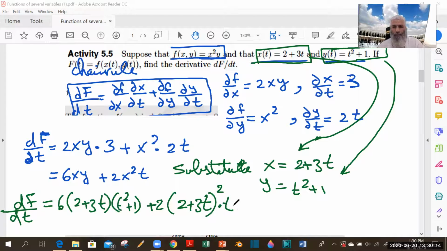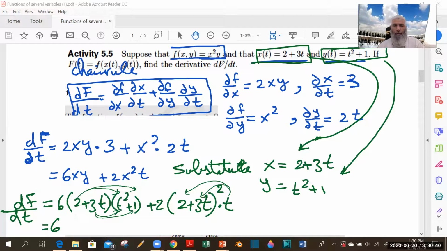multiplied by t, right? So now we will use FOIL here. First times first, then outer, inner, last. And this will be multiplied by 2t here and here.